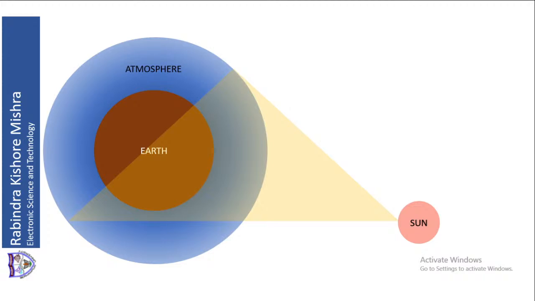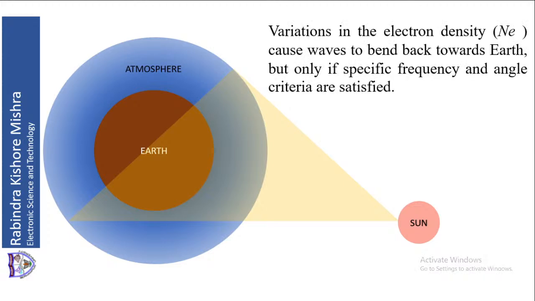Now, the variation in electron density, as I told you, is that the electron density will be maximum at the lower part of the ionosphere and minimum at the upper part.